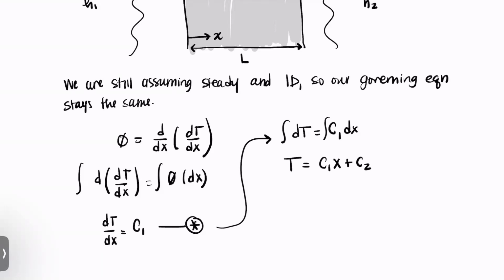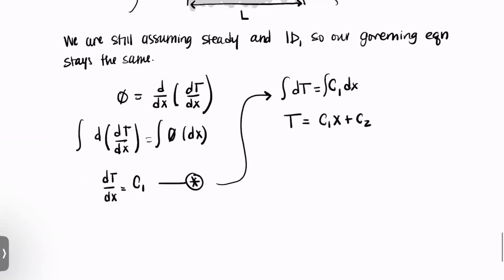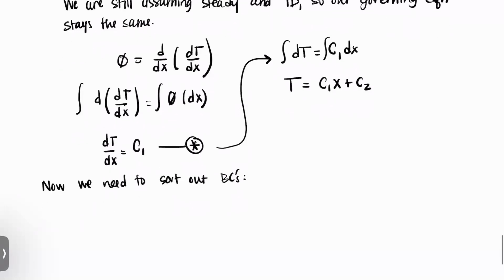Okay, so now we need to figure out boundary conditions, right? So what we have is that we have convection on both sides.